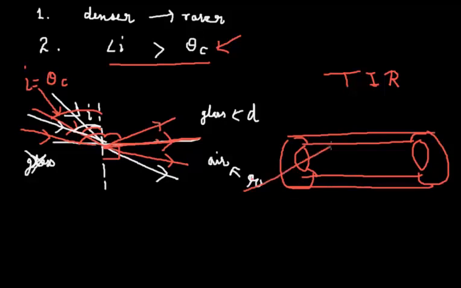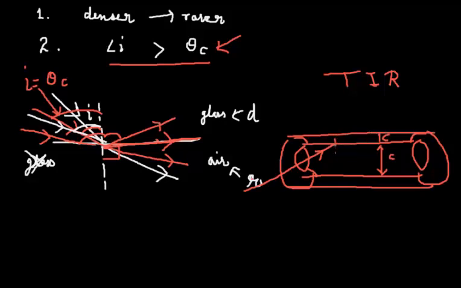So when light enters the optical fiber, we construct it in such a way that the refractive index of this medium is always greater than the refractive index of this medium. This is considered as core, this is considered as cladding, and the refractive index, or we can say optical density, of the core region is always more than the refractive index of the cladding.